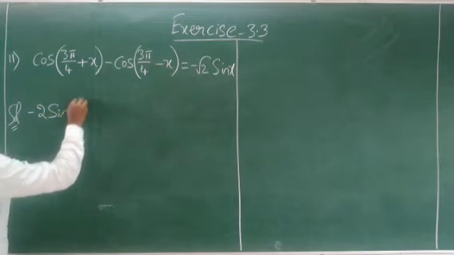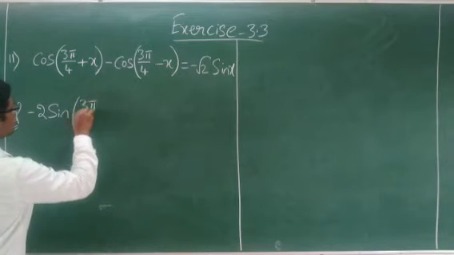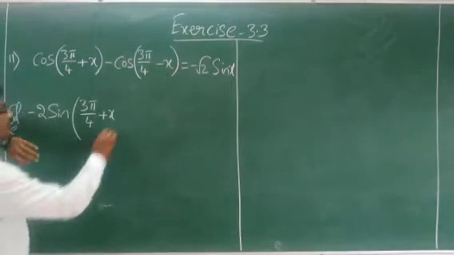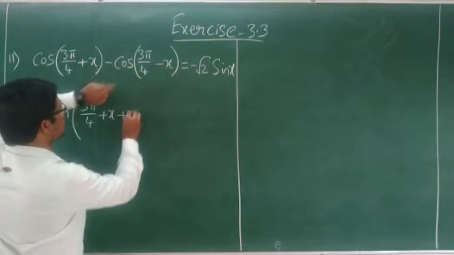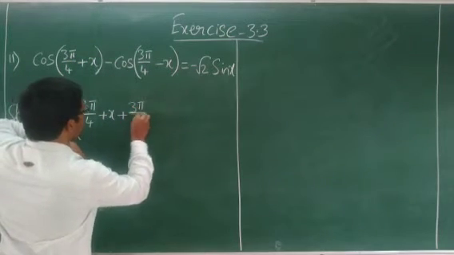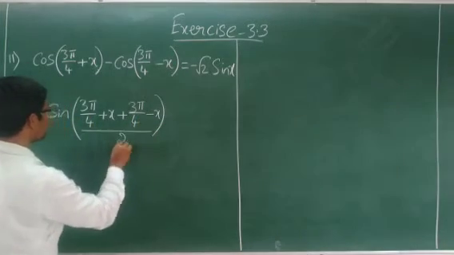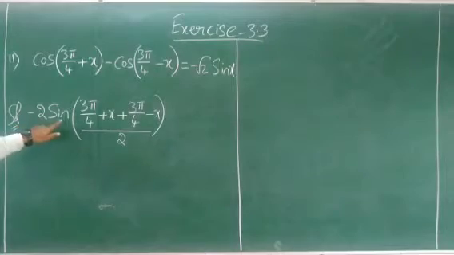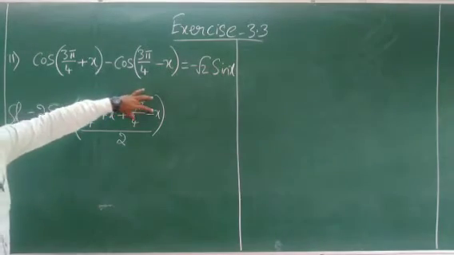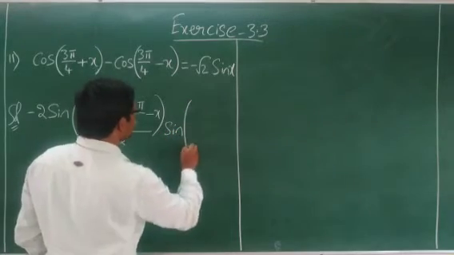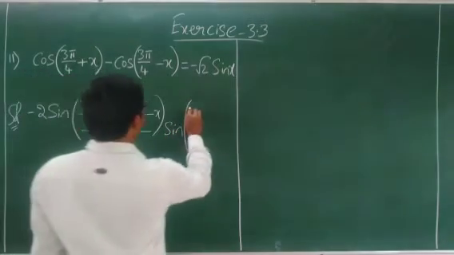sin of x plus y by 2. Here x is 3 pi by 4 plus x, and y is 3 pi by 4 minus x. The formula is minus 2 sin of (x plus y) by 2 into sin of (x minus y) by 2.